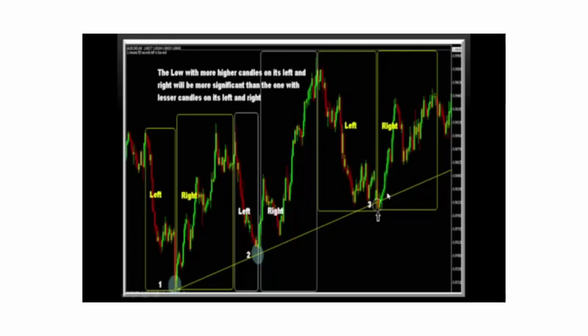So in other words, you look for highs and lows that are easy to spot. Now let me explain further. When you select the 2 highs for drawing downward trend lines, or the 2 lows for drawing upward trend lines, they must be very visible or obvious to everyone else.